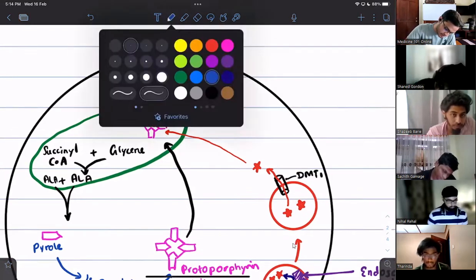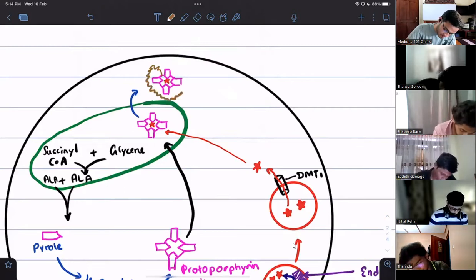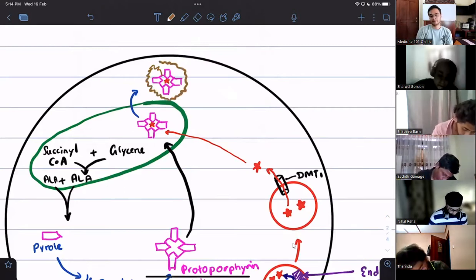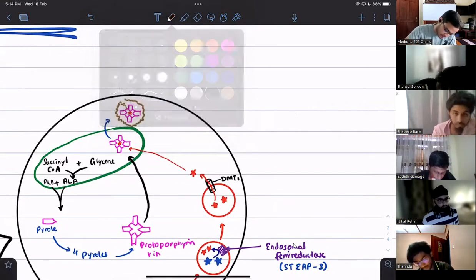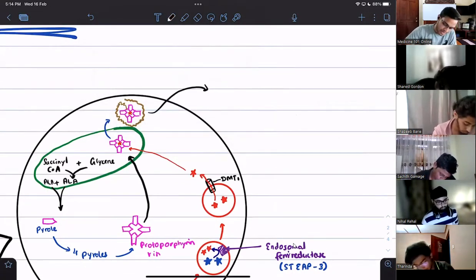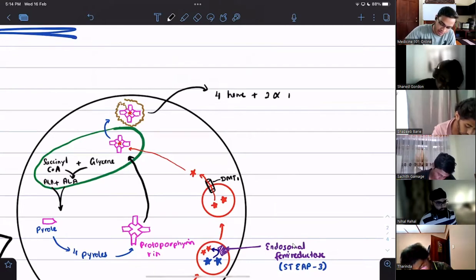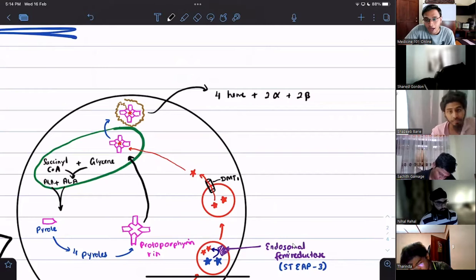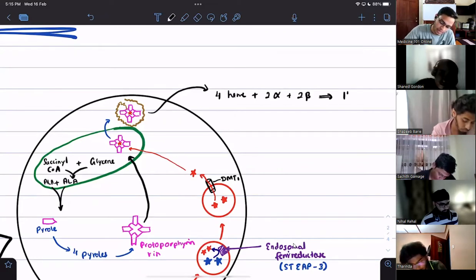A globin chain, something like this, will be added. 4 of such molecules, guys, you all know, we have 4 heme groups with their globin chains, which are usually 2 alpha and 2 beta globins. 4 globin chains and 4 heme molecules together. What do they form? Hemoglobin.